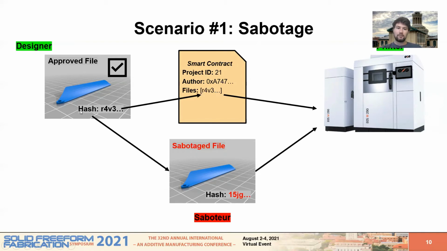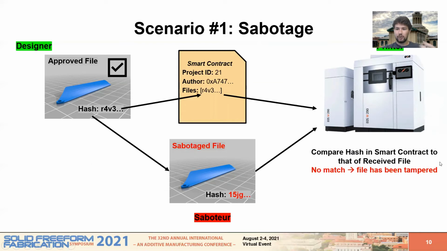So in this CAD file scenario, we'll store the hash of our approved file in this smart contract. Any regulator or end user can go back and see that transaction, when it took place, who signed off on it. And then for the purposes of our printer, all they have to do is compare the hash of the file they've received to what's stored in this smart contract.